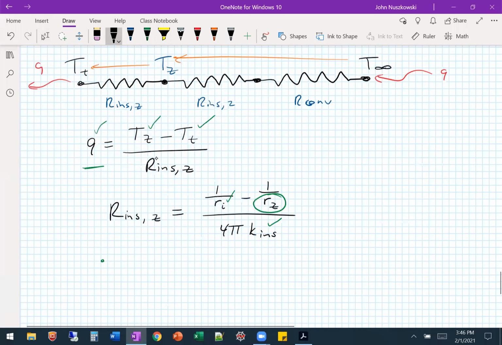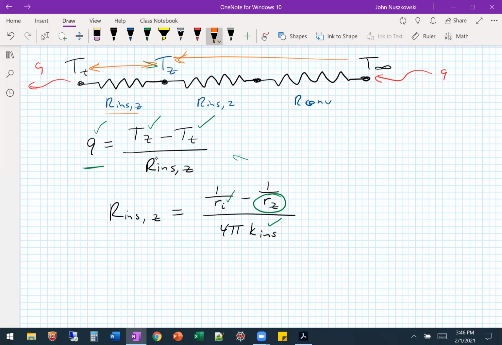Professor, between TZ and T infinity, that temperature is something else. How come that's not included in our heat equation? Like this point right here? Because we didn't need it. We did it across this point, so all we need is that resistance.